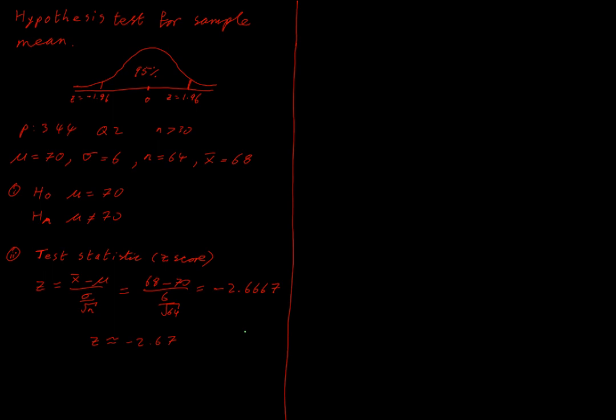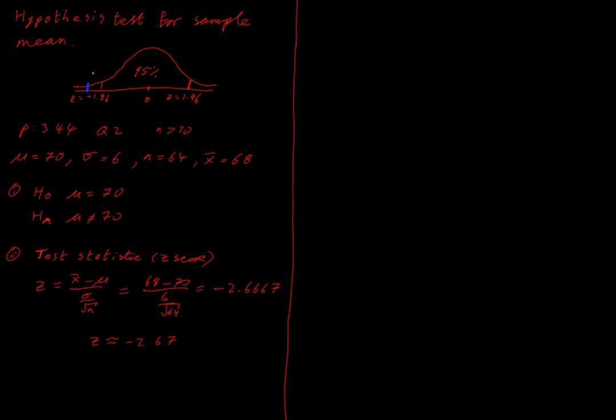Now, that's our Z-score. If I go back up to my table here, what I want is to see that my Z-score is in between 1.96 and minus 1.96. Well, Z is minus 2.67, which is somewhere all the way down here.